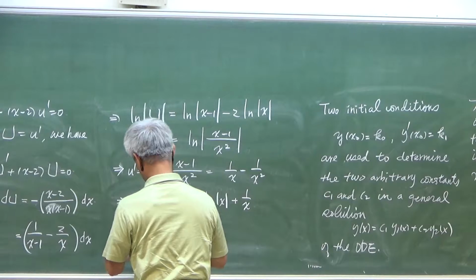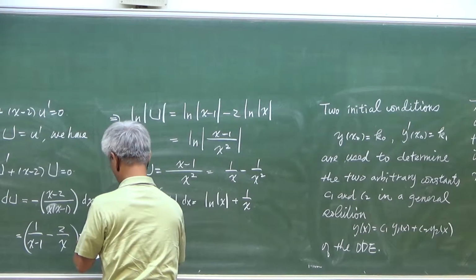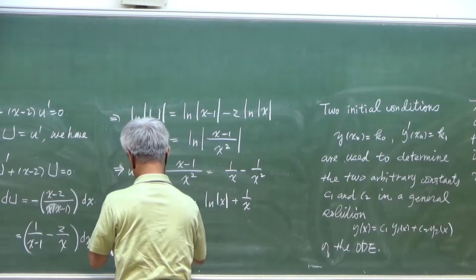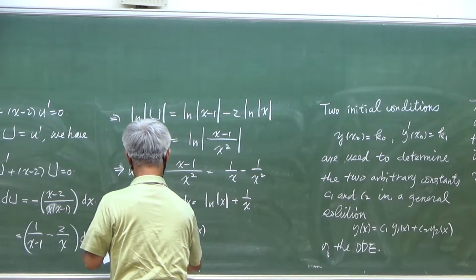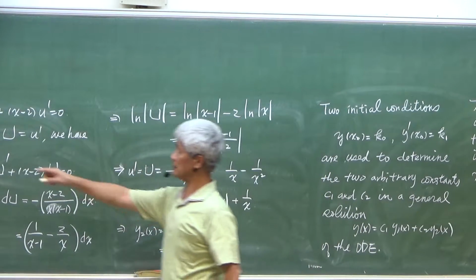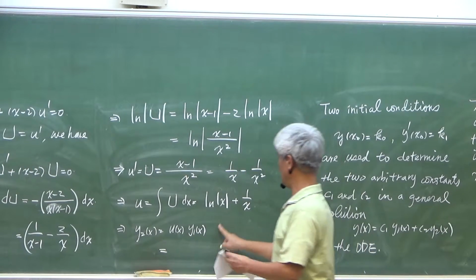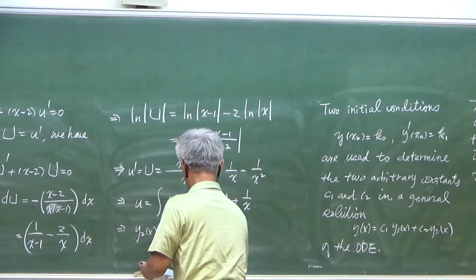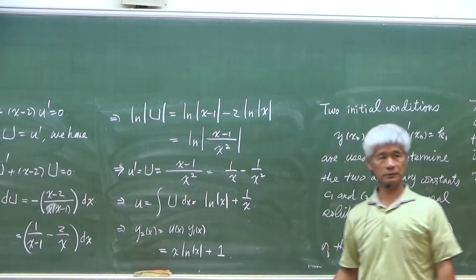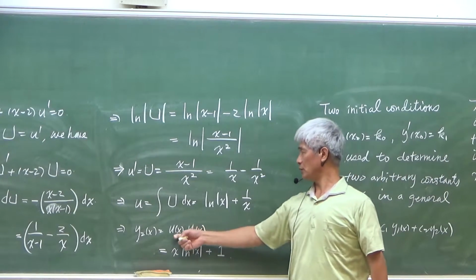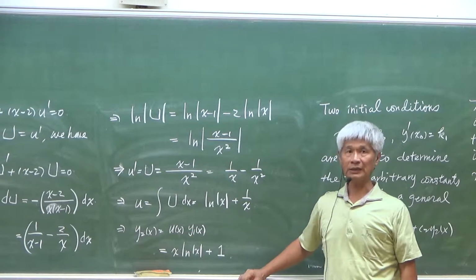So now this implies y2 of x, which is equal to, okay, right? So our second solution is u of x times y1 of x, and this is equal to x times the logarithm of x plus 1. And of course, because u of x is not a constant, y2 and y1 are linearly independent.